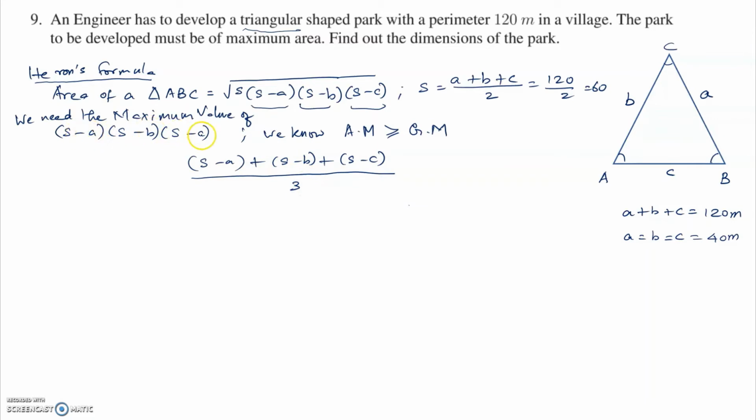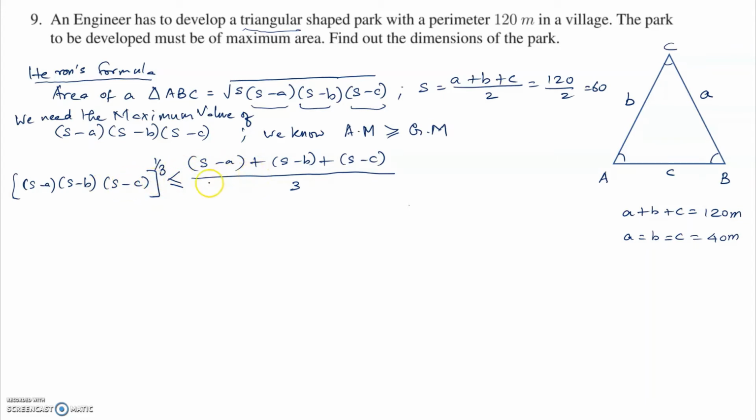And what is the geometric mean of these three? This is the arithmetic mean, which has to be greater than or equal to the geometric mean. The geometric mean would be the product S minus A into S minus B into S minus C to the power 1 by 3.